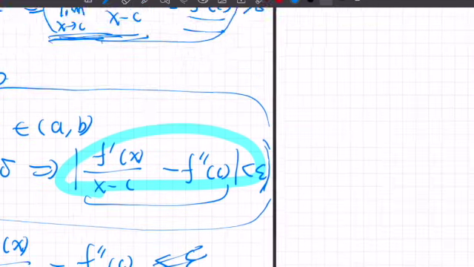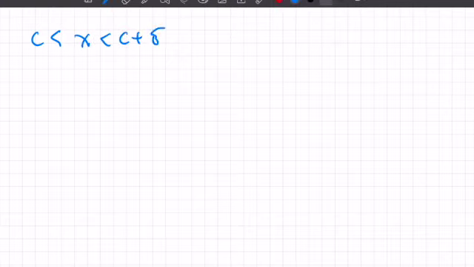Next, consider the following two scenarios. First, x is between c and c plus delta. Okay. So this means, let's see, x minus c is positive, right? Because x is greater than c.